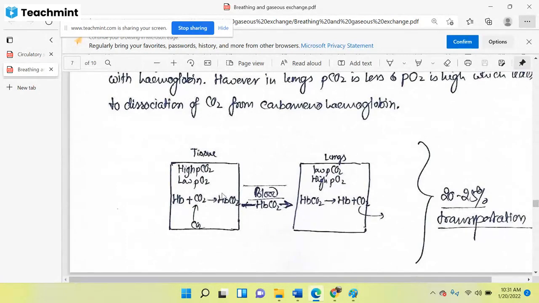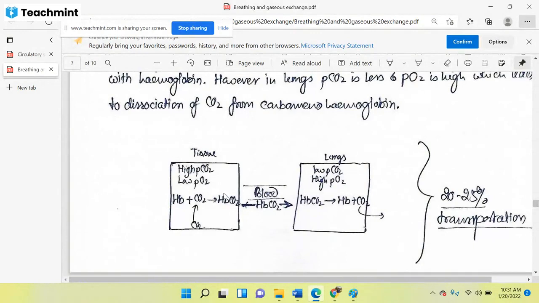After binding the carbon dioxide, the hemoglobin moves from the tissue to the lungs, because this carbon dioxide has to be expelled from the lungs. The carbon dioxide formed in the tissue has no role and is not needed, or we can say it is a waste product.